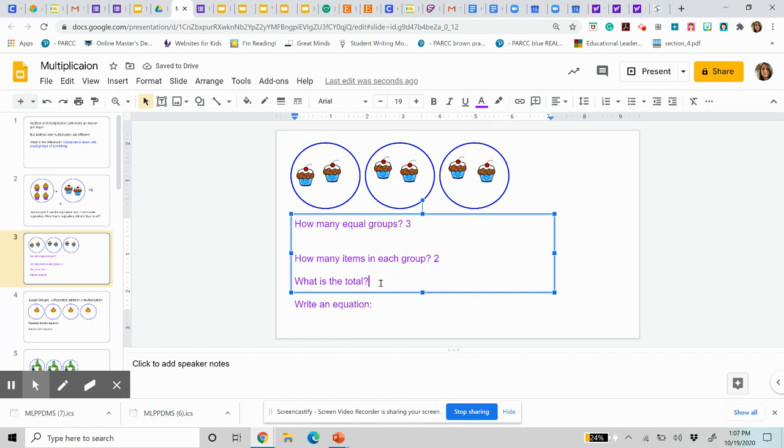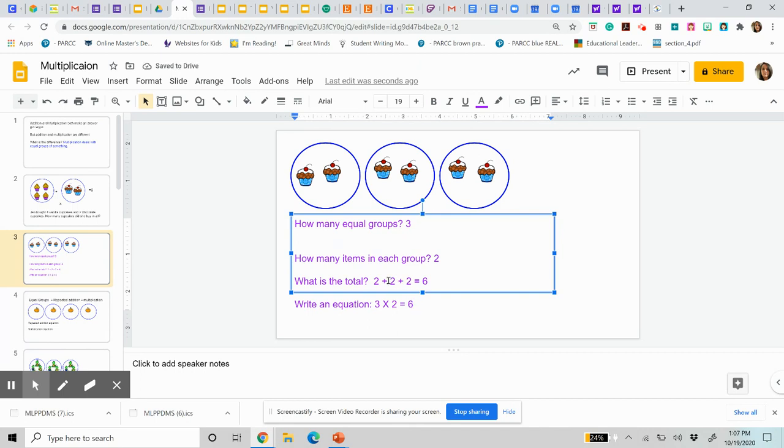So what would be the total? Before we even find out the total, we could do repeated addition. We could do 2 plus 2 more plus 2 more equals, and we can count by 2s: 2, 4, 6. But another faster, easier way, we could write 3 groups times 2 in each group equals 6.